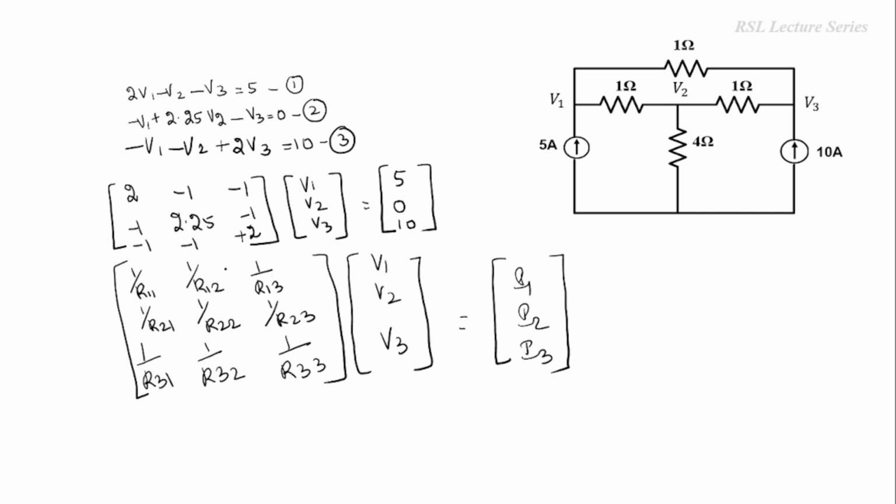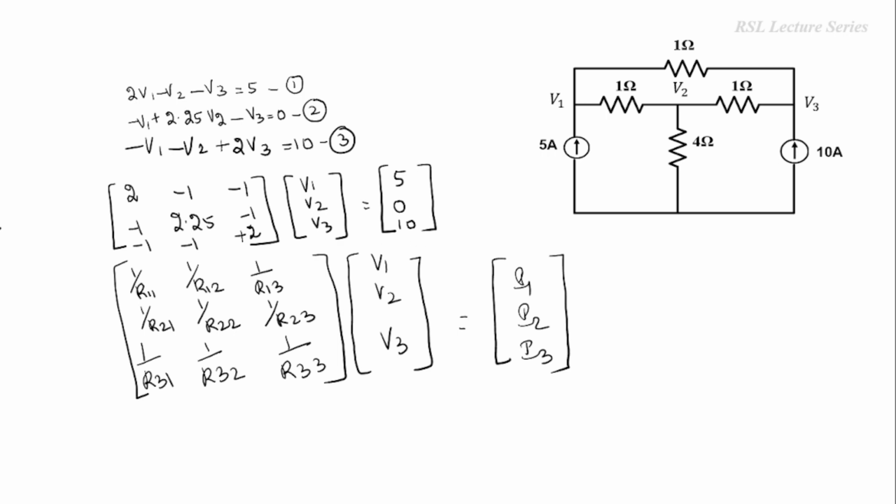This is the first row. And similarly for the second row, 1 by R21, 1 by R22, 1 by R23. And for the third row, 1 by R31, 1 by R32 and 1 by R33 multiplied by the unknown values of the voltages V1, V2, V3 equal to the currents I1, I2 and I3.